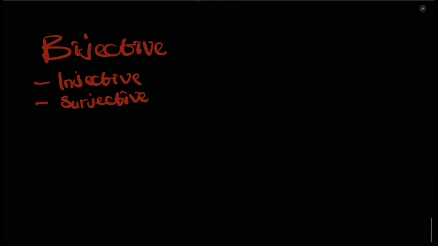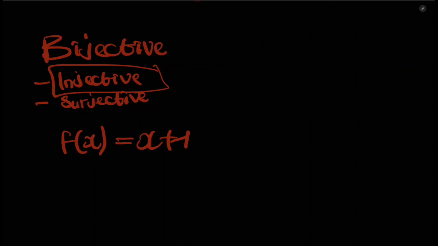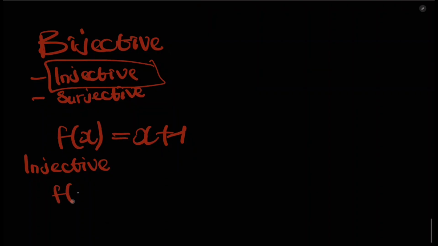Let's take an example. Let's say f of x is equal to x plus 1 and we are to determine whether it is bijective. Firstly, we'll test for injectivity. So firstly, we need to determine whether the function is injective or not. Remember I said for injectivity, f of x1 should be equal to f of x2, and this is also the same as x1 equal to x2.